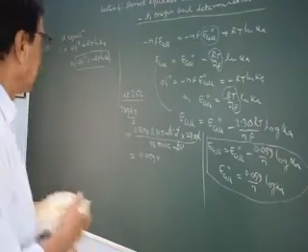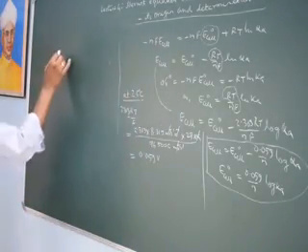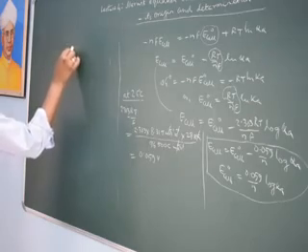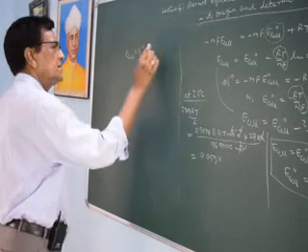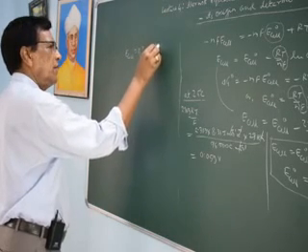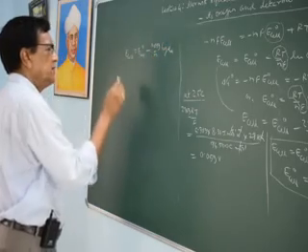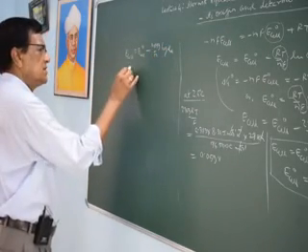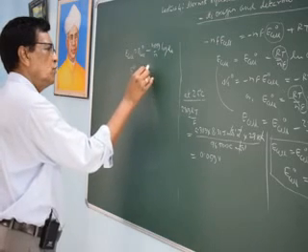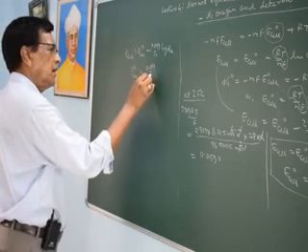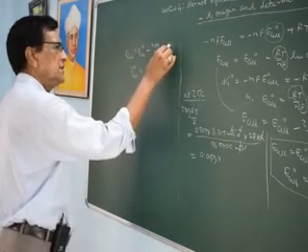Now here I can write these equations. E cell equal to E cell naught minus 0.059 by n and log QA. These are the Nernst equations, and E cell naught equal to 0.059 by n and log KA, and this is QA.